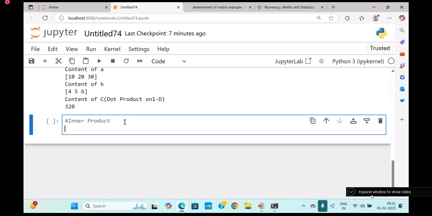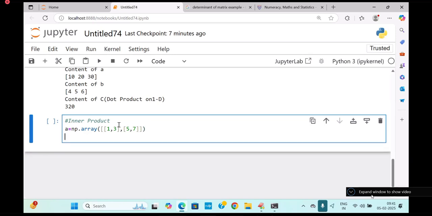You need to follow. Take an array, something like A is equal to np.array of 1 comma 3, comma, 5 comma 7. For example, this is one 2D matrix I'm taking directly.